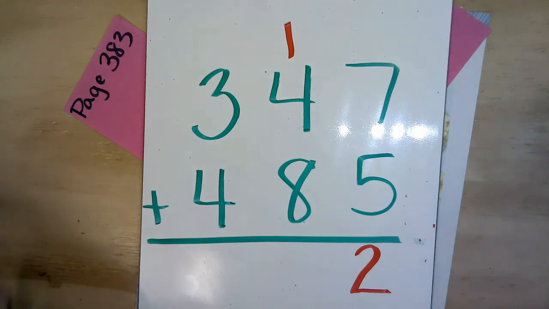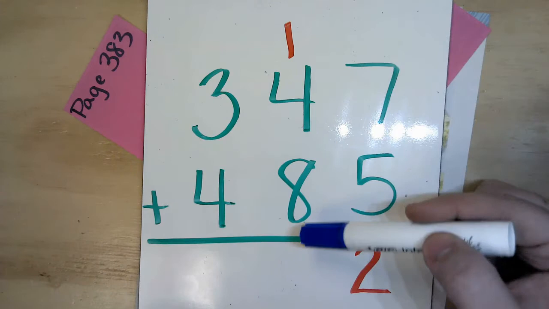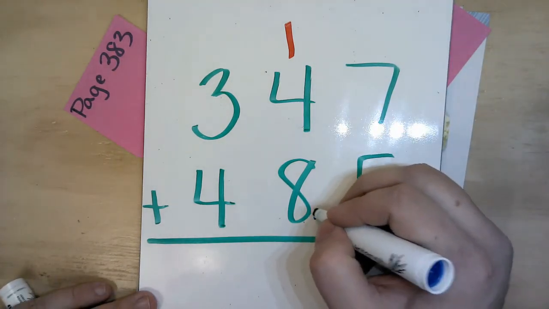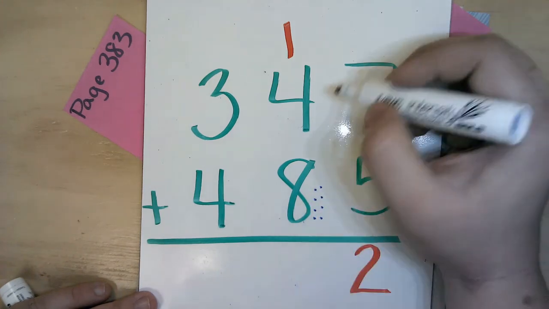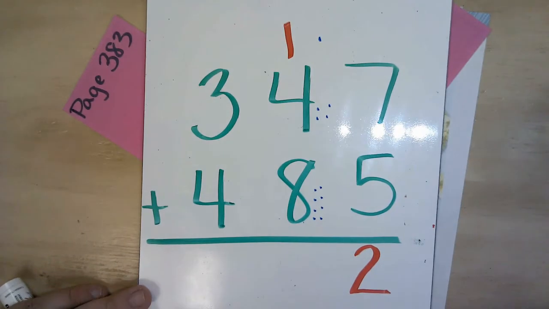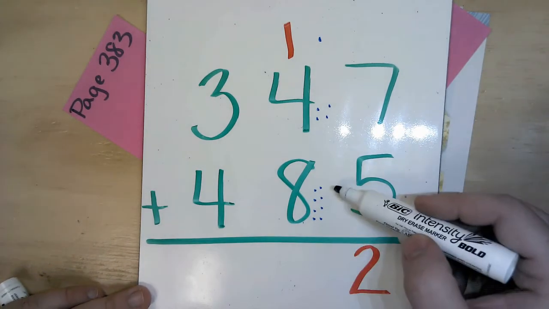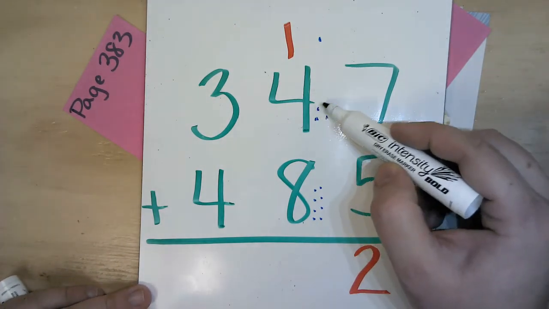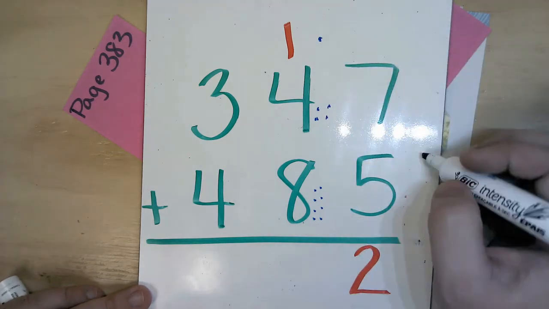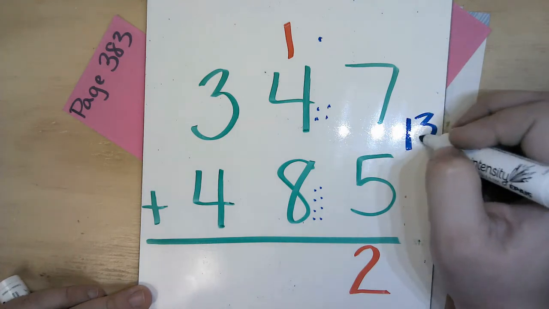Now I can add my tens place together. 4 plus 8 is 12, and I can't forget the one more, so 13. So I'm going to write that over here, 13.